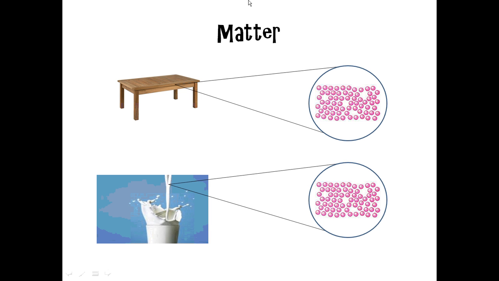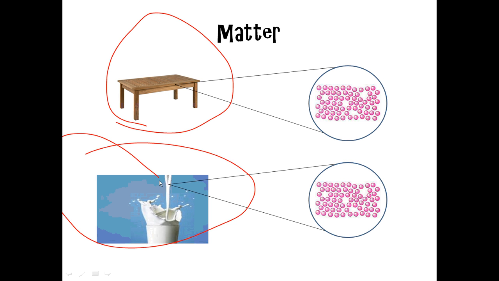Similarly, anything, a table, a glass of milk or the milk in it, everything is made up of these small tiny particles. If you zoom into any kind of mass or any substance, you can see that it is made up of these small tiny particles. Now these may be molecules, atoms, or aggregation of atoms and molecules.